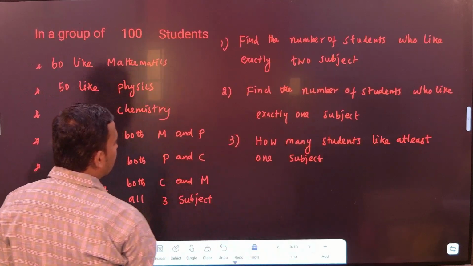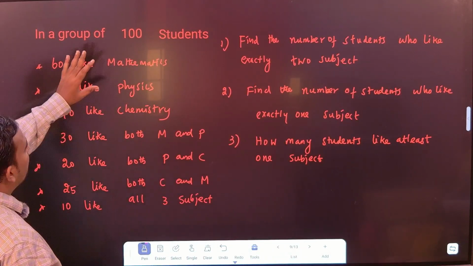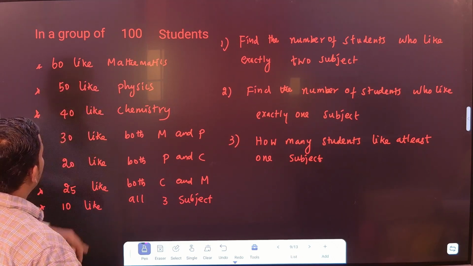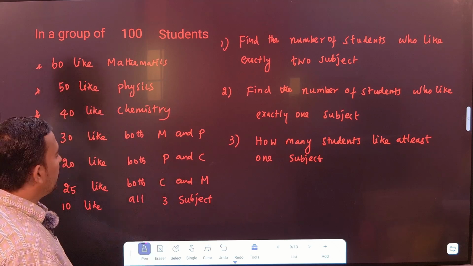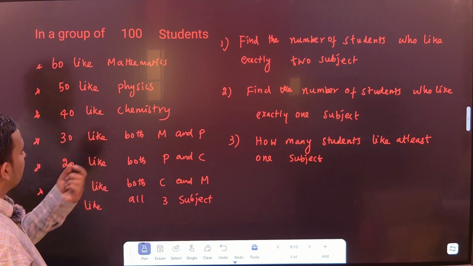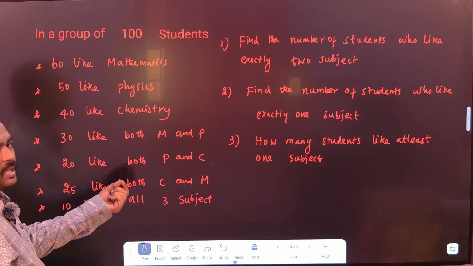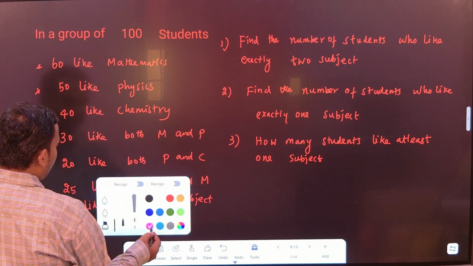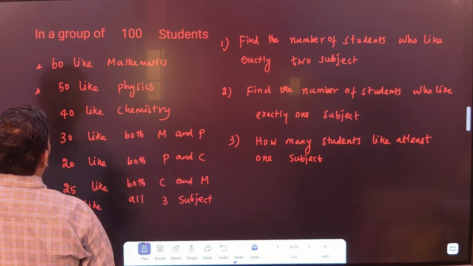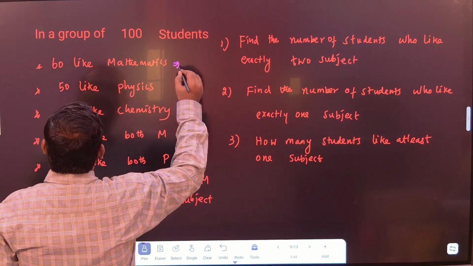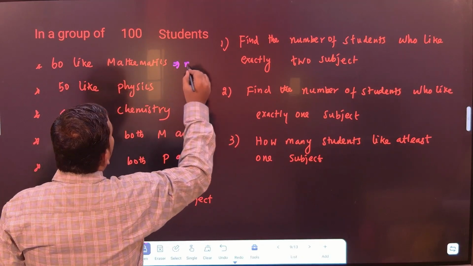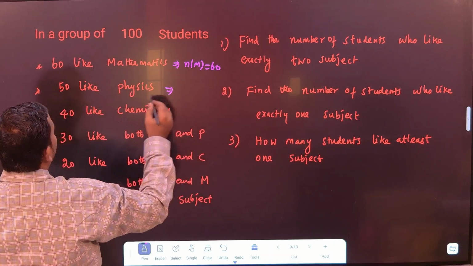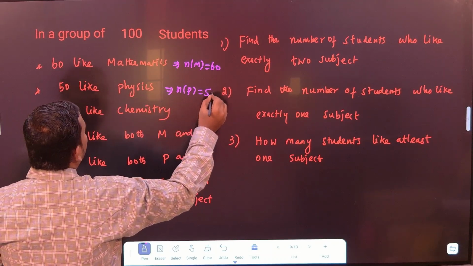Okay, next let us discuss this one. In a group of 100 students, 60 like mathematics, 50 like physics, 40 like chemistry, 30 like both mathematics and physics, 20 like both physics and chemistry, 25 like both chemistry and mathematics, and 10 like all three subjects. Then how do we write this in mathematical notation? M is mathematics, n of M is equal to 60. Physics, n of P is equal to 50.